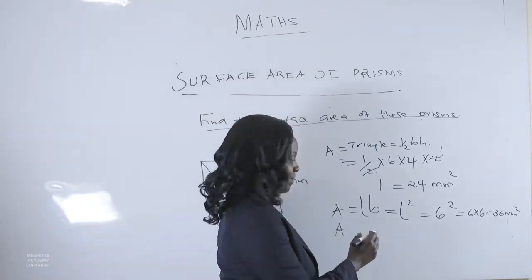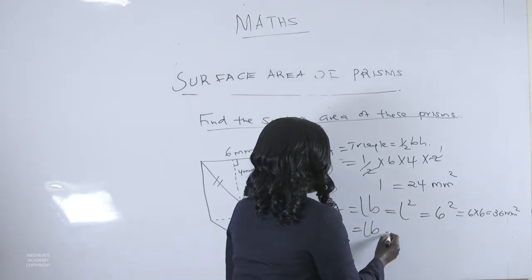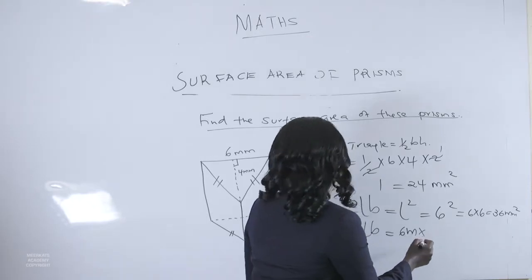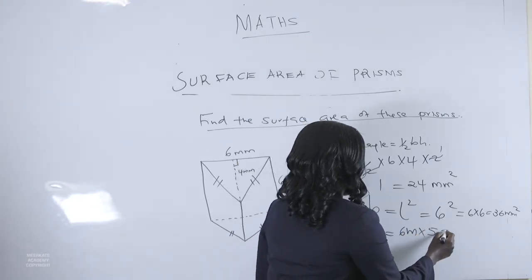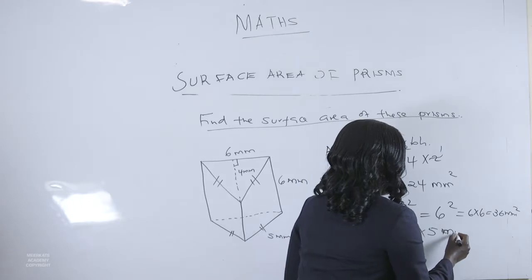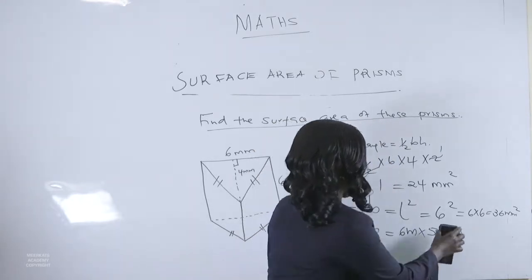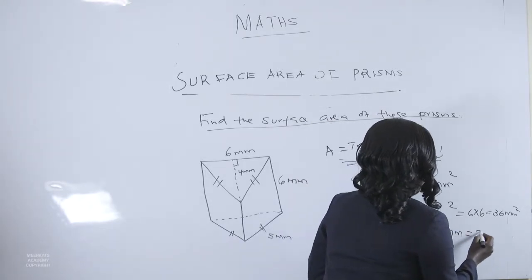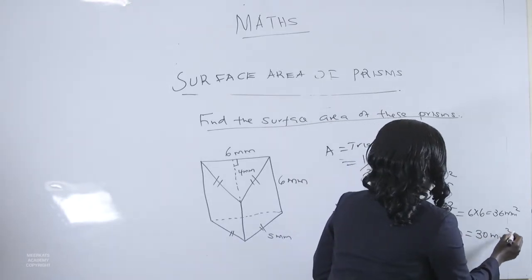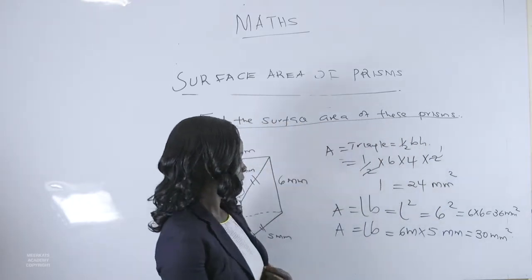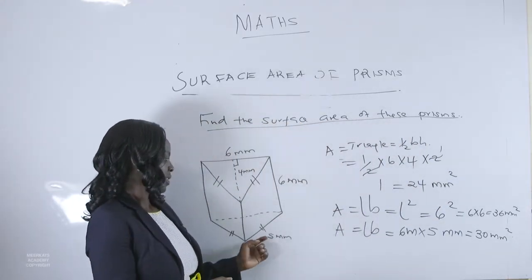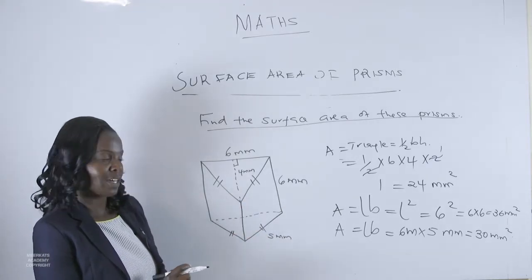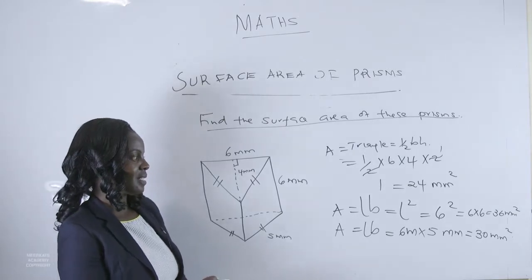That is a rectangle. 6 times 5, that will give us 30 square millimeters.